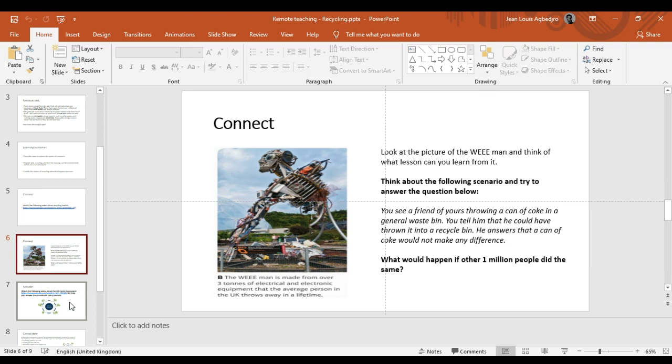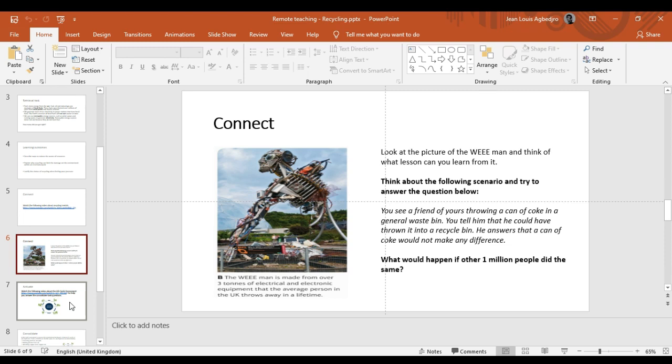I invite you to have a look at this picture. As you can see, there is a man, and he looks like a robot. But the interesting thing about this man is that it's called a Wee Man. And as you can see below in the picture description, it is made from over 3 tons of electrical and electronic equipment that the average person in the UK throws away in a lifetime.